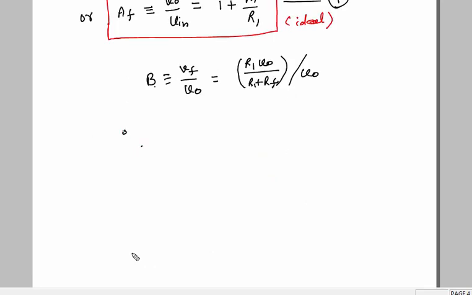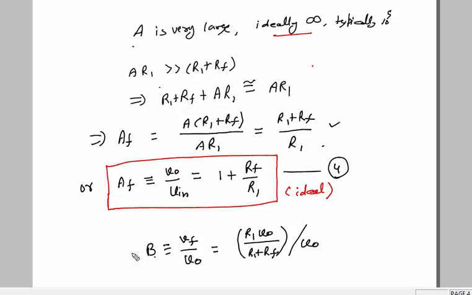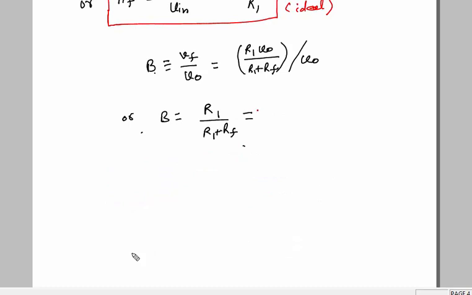So B equals, V naught cancelled, R1 upon R1 plus RF. Now we see here that (R1 plus RF) by R1 is AF, and here it is the reciprocal of that, so this we can write as 1 by AF. So we can write AF equals 1 by B.